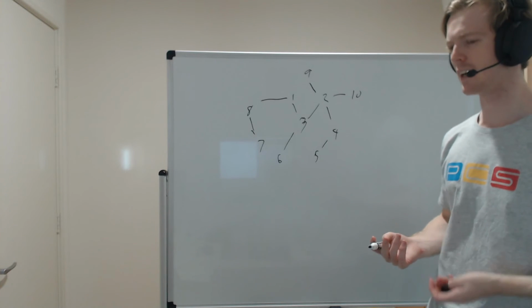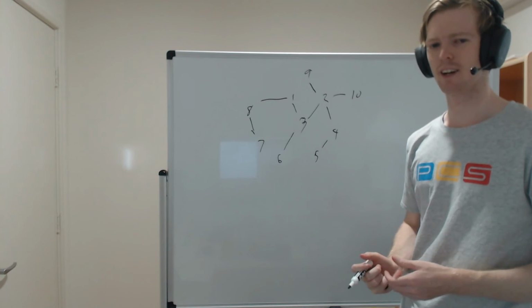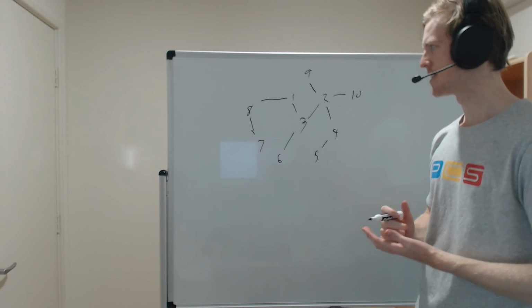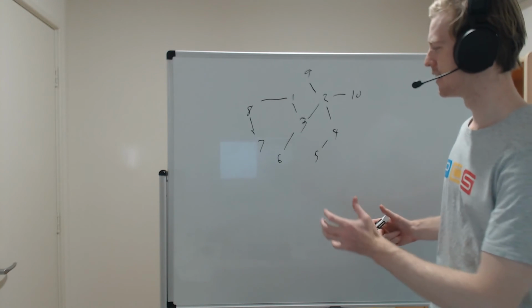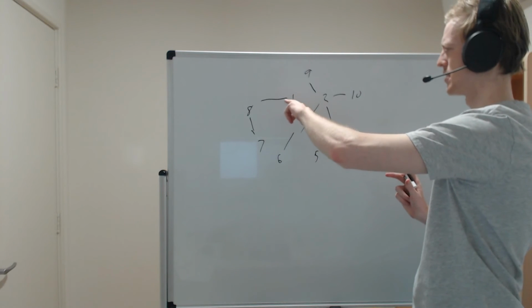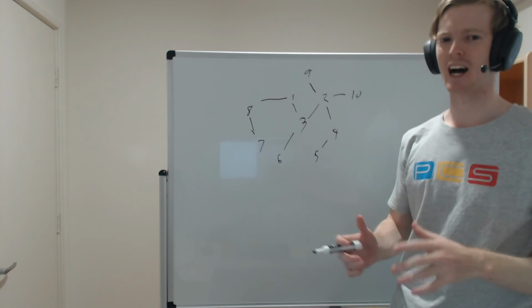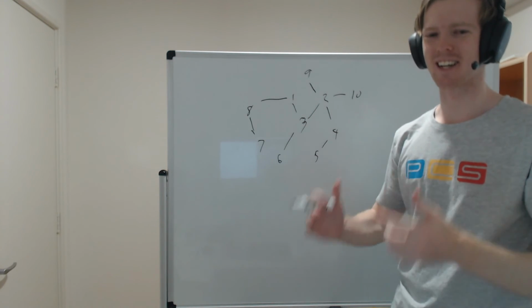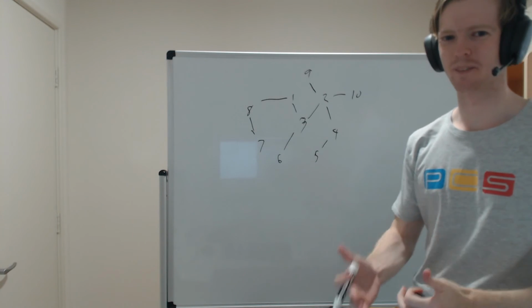And what I want to do with this tree is say if I take away any edge at this point, that I'm going to have a center still. The center is still going to be the same.